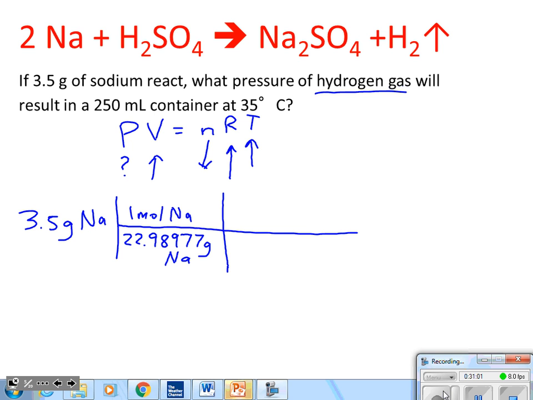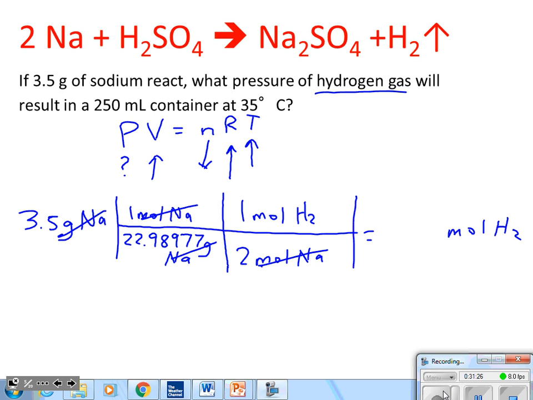I know that 2 moles of sodium react to produce 1 mole of hydrogen gas. Let me make sure my labels cancel. I have grams of sodium, grams of sodium. I have moles of sodium, moles of sodium. Leaves me with the value in moles of hydrogen gas.